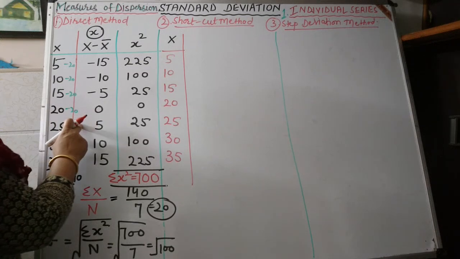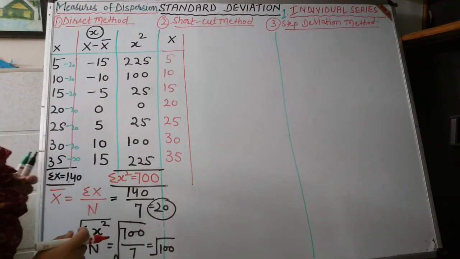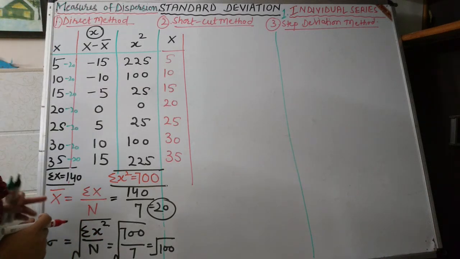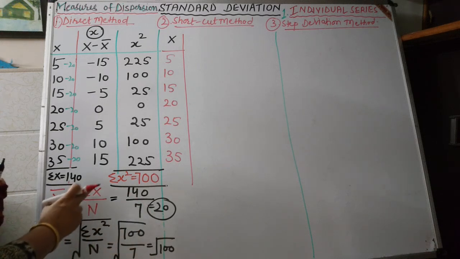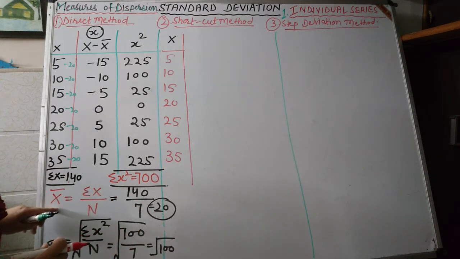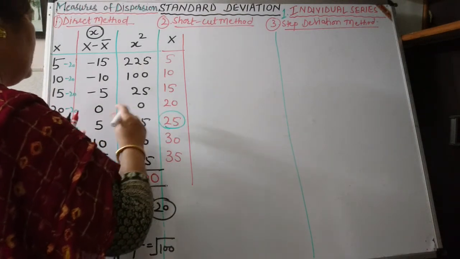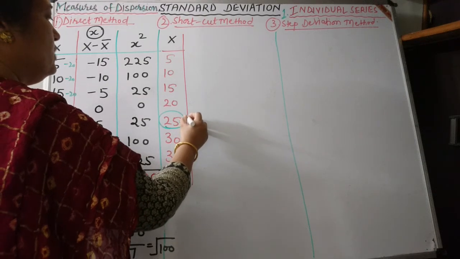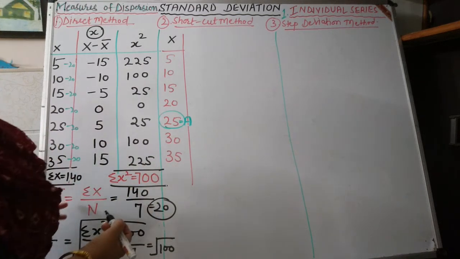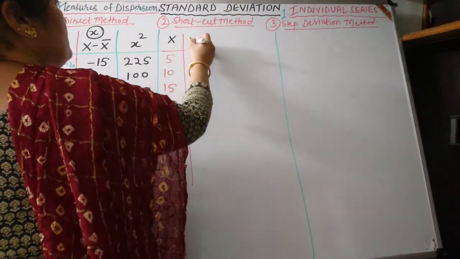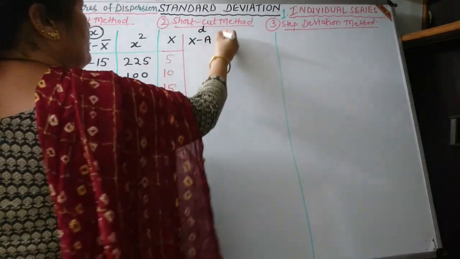In the previous sum, whenever we calculated standard deviation by direct method, arithmetic mean was 20. It means we didn't assume the mean. Now we will assume 25 from x as the assumed mean. So the assumed mean is 25 and no need to calculate x bar. Then x minus a, that will be the values of d.